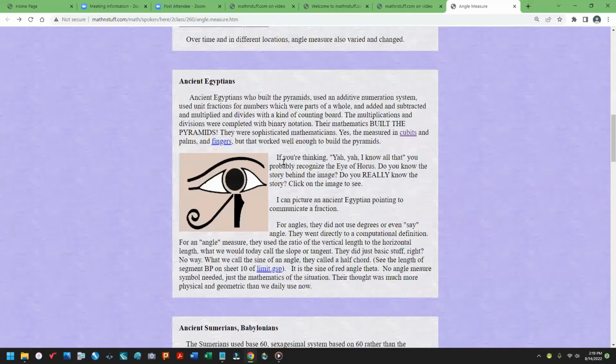Now, if you know anything about ancient Egyptian, you've seen that picture before. Do you remember what it means? Did you ever really learn what it means? Most people don't know. I'm going to click on the image.